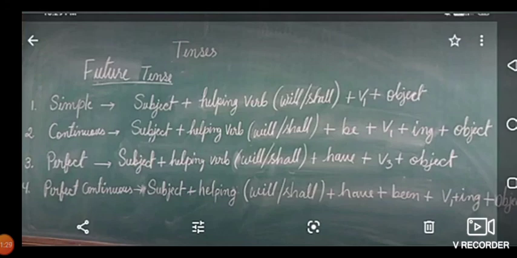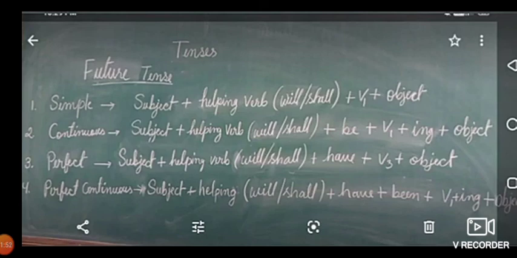The next is your future perfect, that is subject plus helping verb will or shall plus have plus third form of the verb plus object, that is she will have written a letter. Written is the verb in third form.